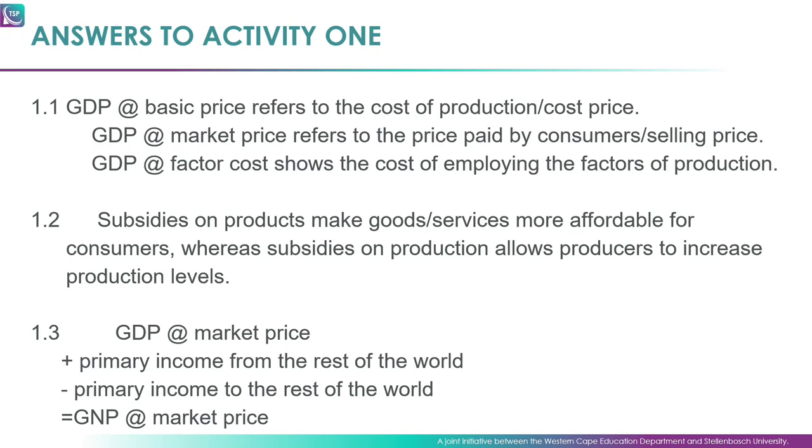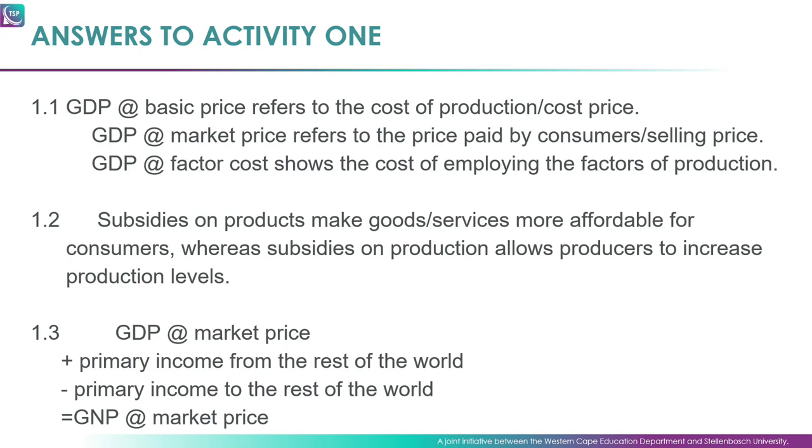Right, subsidies on products. These make goods or services more affordable for consumers, whereas subsidies on production allow producers to increase production levels. And it's here where a learner said to me, so actually what you're referring to are consumer subsidies and producer subsidies, which is another way to look at it, okay?